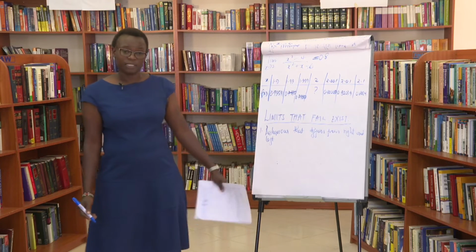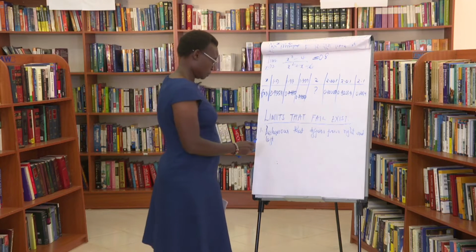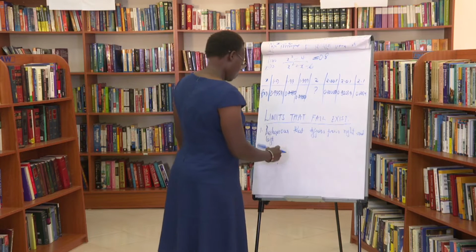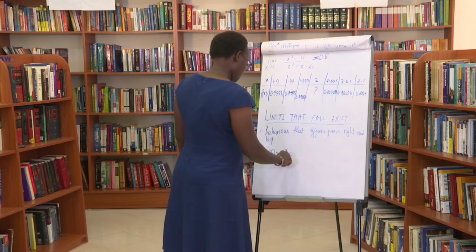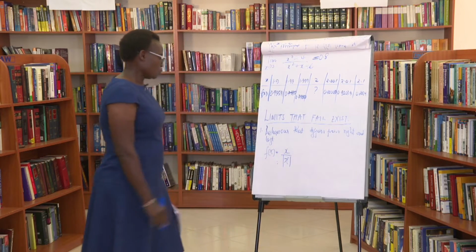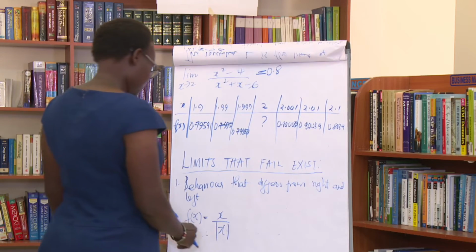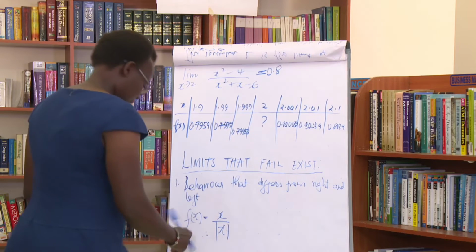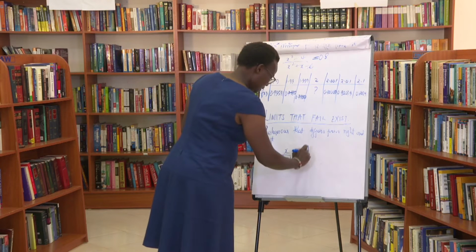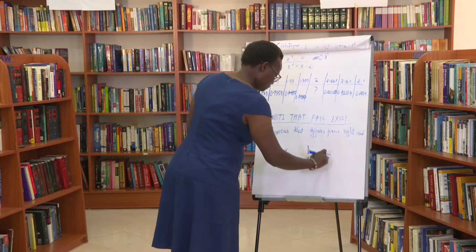And again, I will just look at this graphically in terms of a function. So we have f of x is equal to x over, and we look at the limit of this function as x tends towards 0.